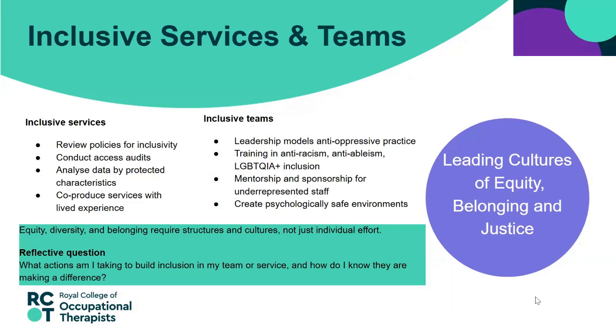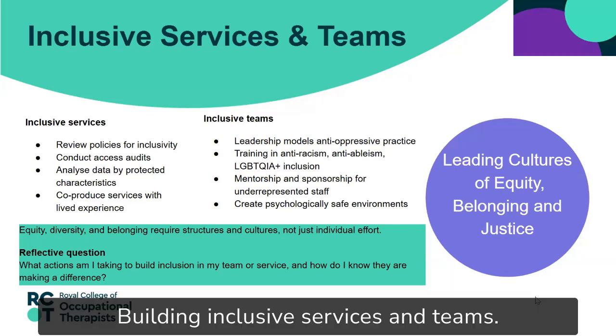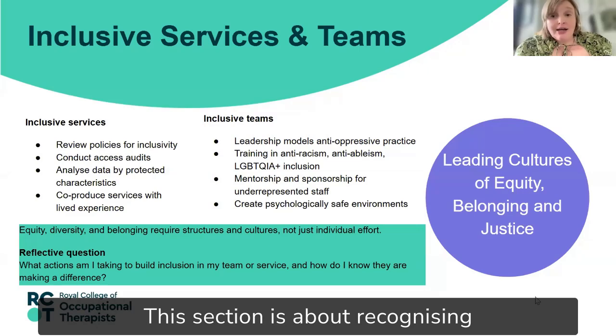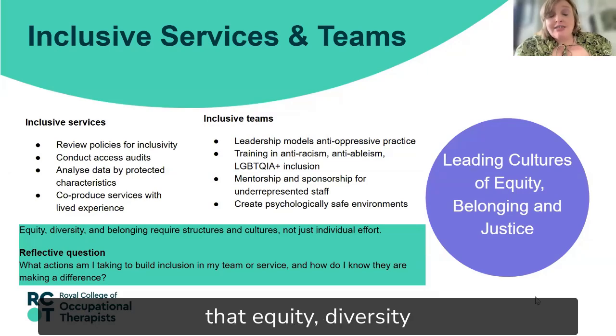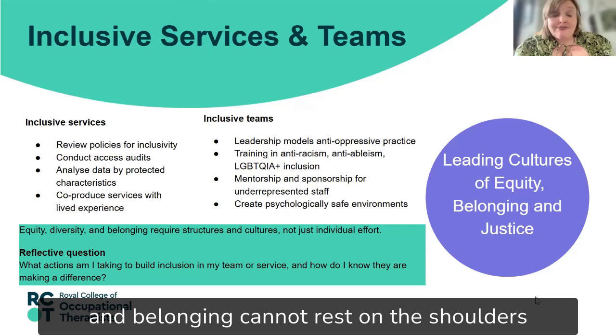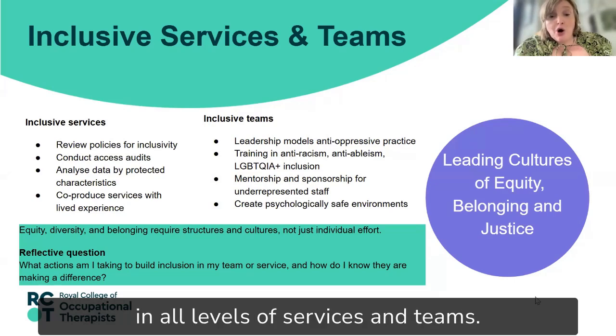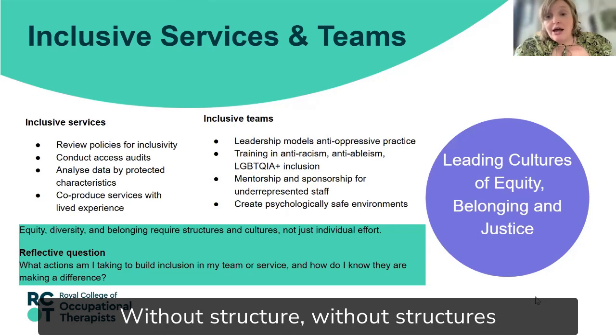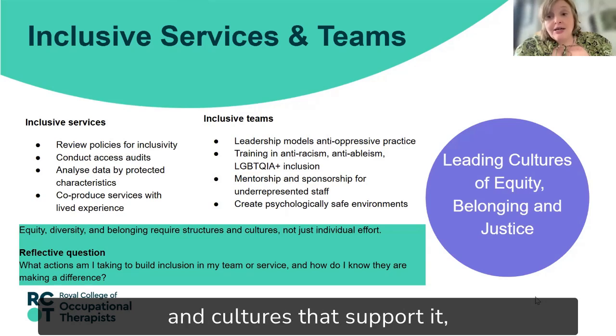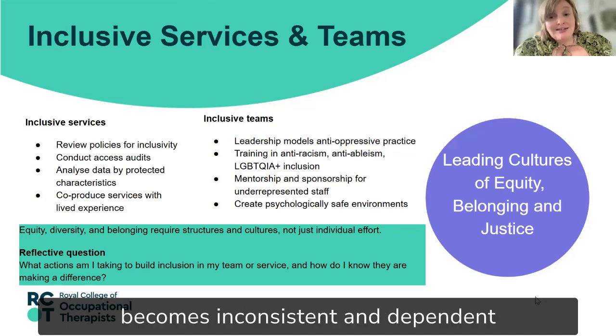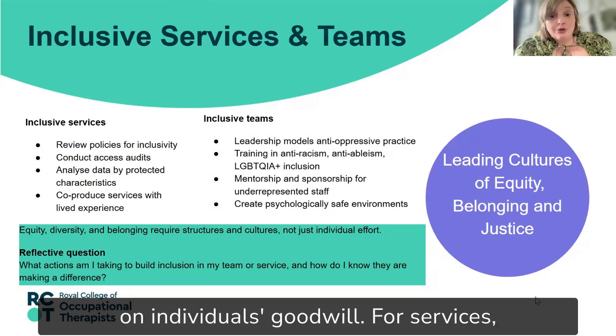So, building inclusive services and teams. This section is about recognising that equity, diversity, and belonging cannot rest on the shoulders of individuals alone. Inclusion has to be embedded in all levels of services and teams. Without structures and cultures that support it, inclusive practice becomes inconsistent and dependent on individuals' goodwill.